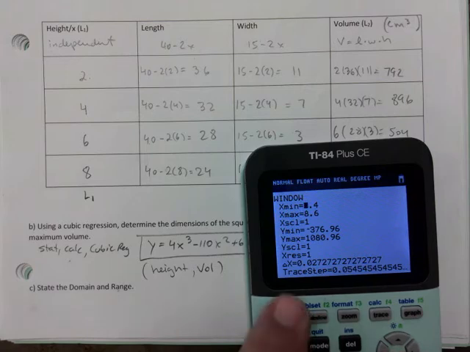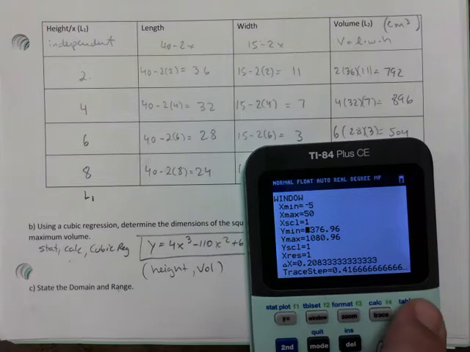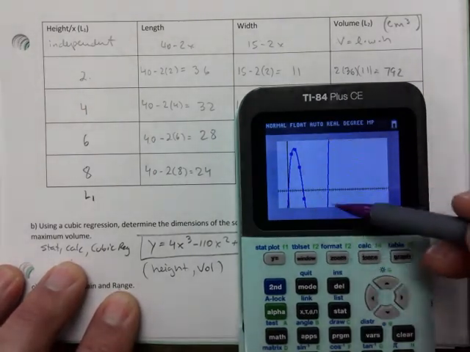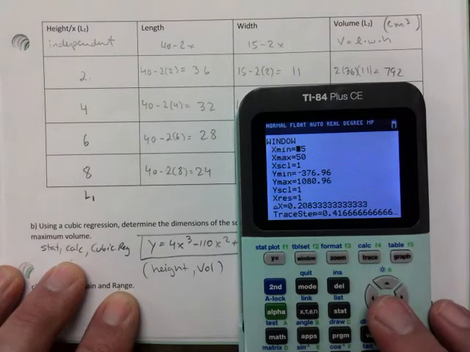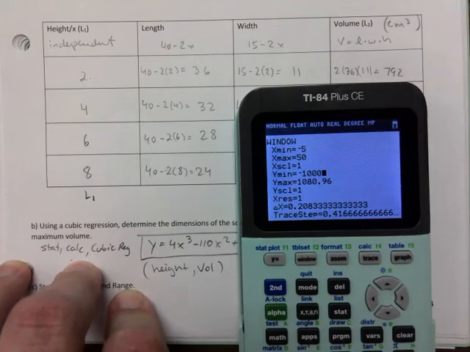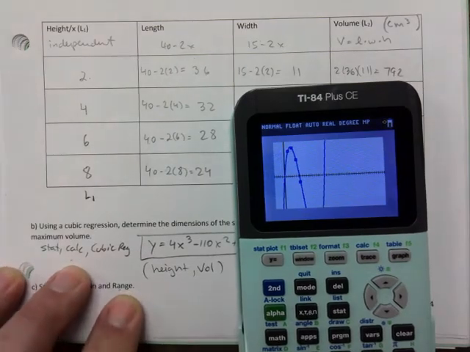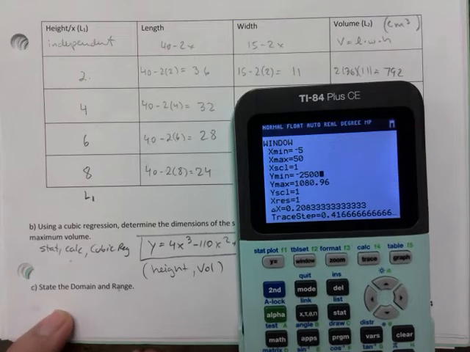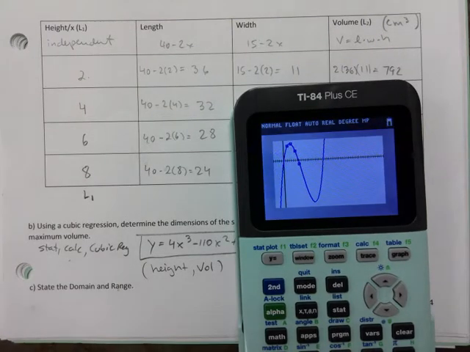I'm going to adjust my min a little bit, also my max, and I'm going to go to 50 there. I'm going to check what this looks like. And there's your cubic. I need to see a little bit more here to get the min, even though I'll tell you that it doesn't really matter. I'm going to go negative 1,000. Oh, I need to go lower. Negative 2,500. There we go.